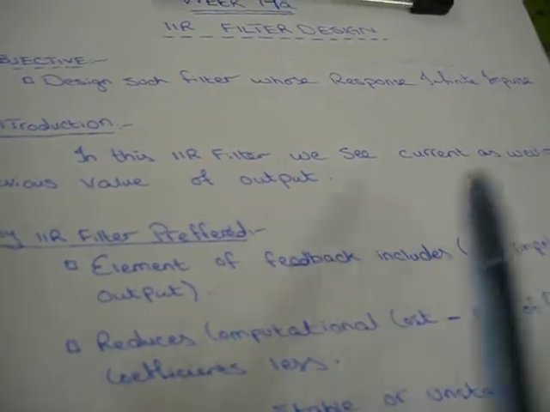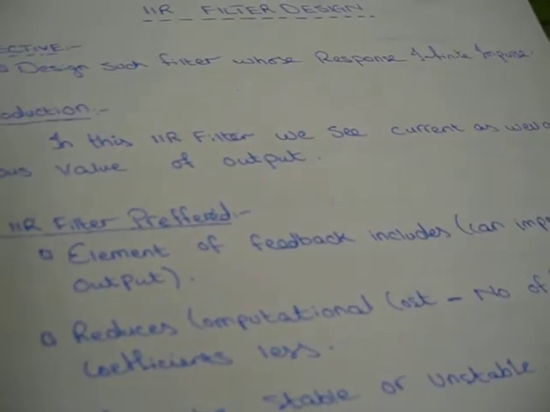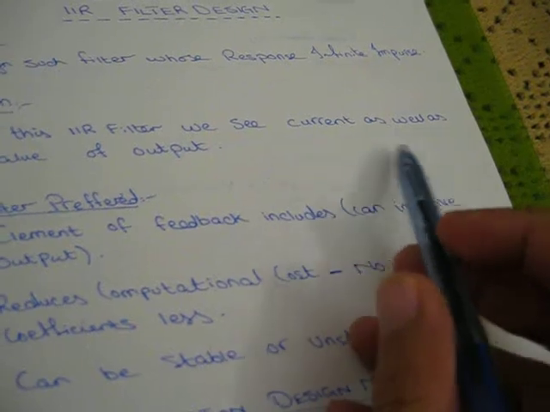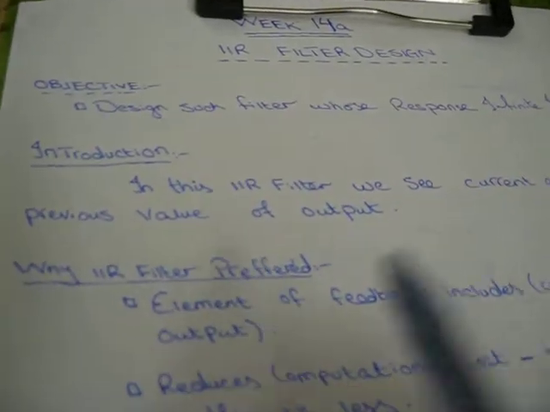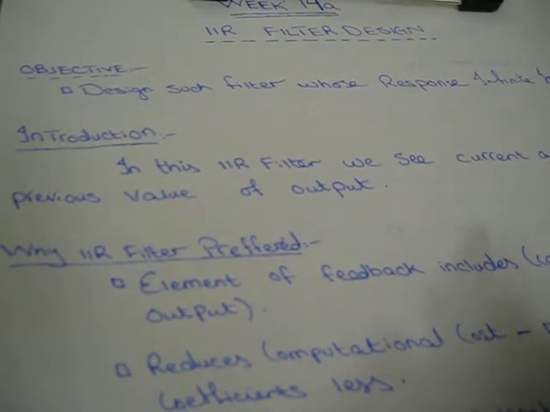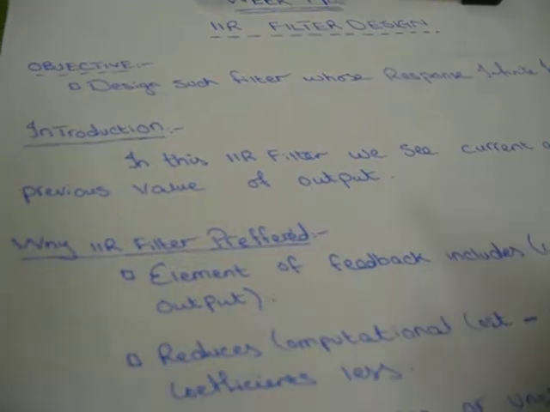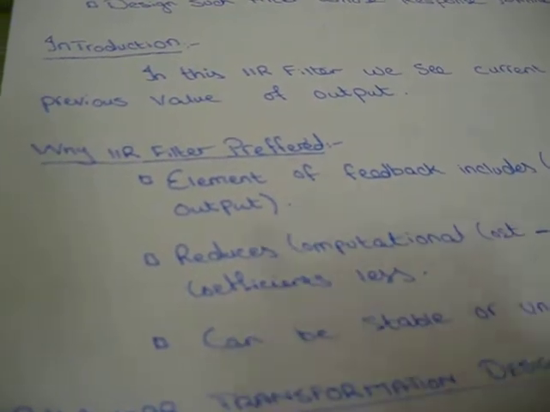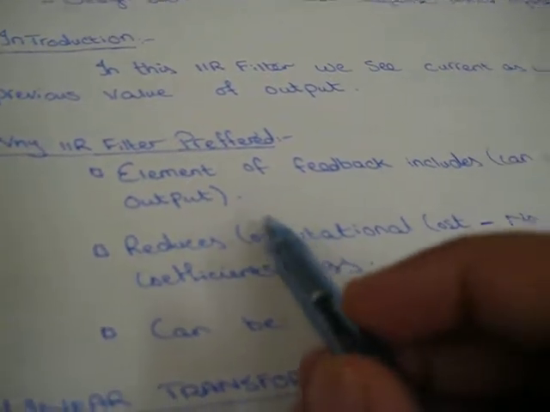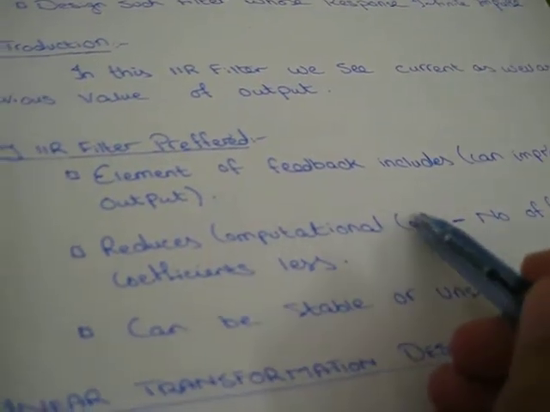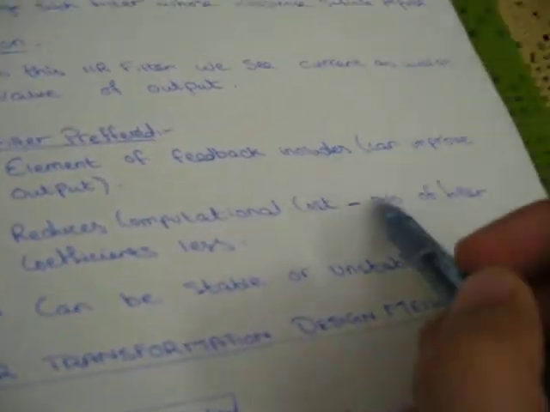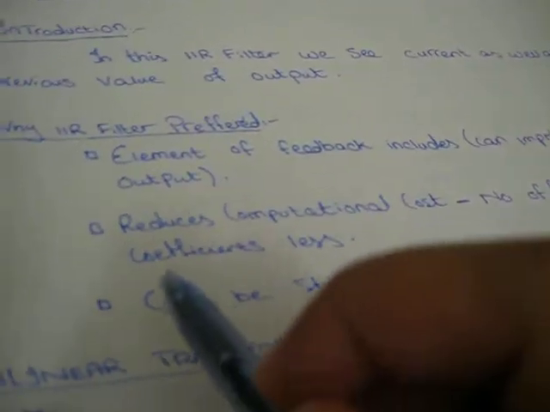In this infinite impulse response filter, we see the current as well as the previous values of output; both will count. Why are IIR filters preferred? An element of feedback is included by using an infinite impulse response filter, and one can improve the output.